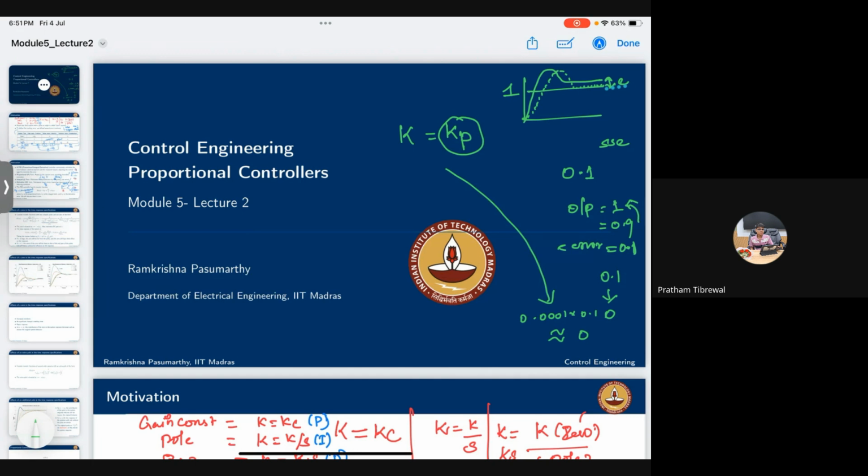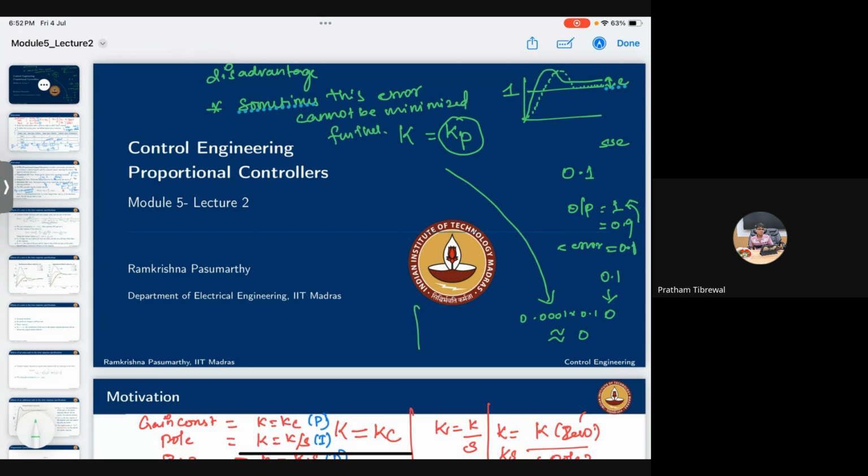This is one thing. The disadvantage of using this is that sometimes this error cannot be minimized further. Why?